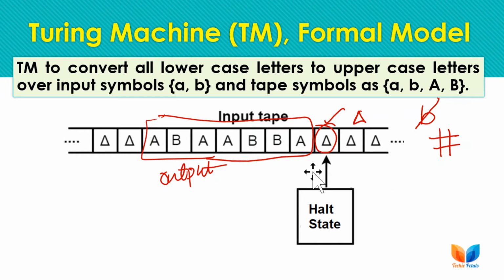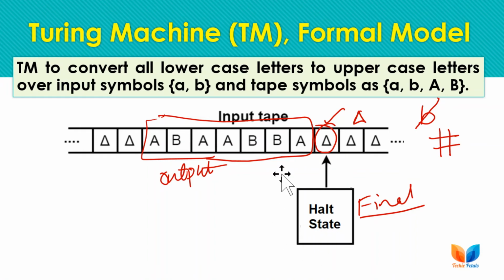Now we must move to the final state, like in DFA, NFA or PDAs, but here we represent the final state as a halt state. By moving to the halt state, we mean that the machine is now in an inactive state.